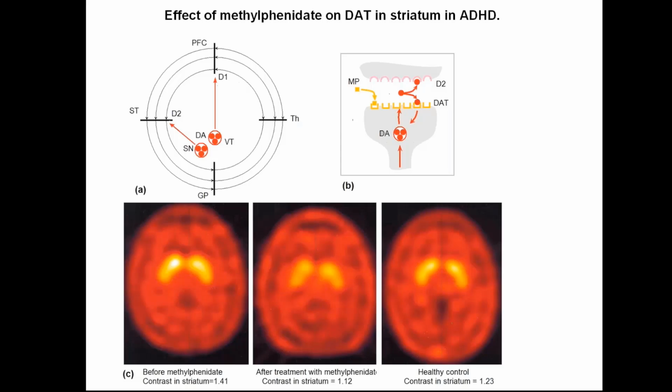As you know, the first option for treatment of ADHD is Ritalin, a psychostimulant, and you know that psychostimulants block dopamine reuptake, the DAT receptor, in the presynaptic cleft, and it happens mostly in the striatum.